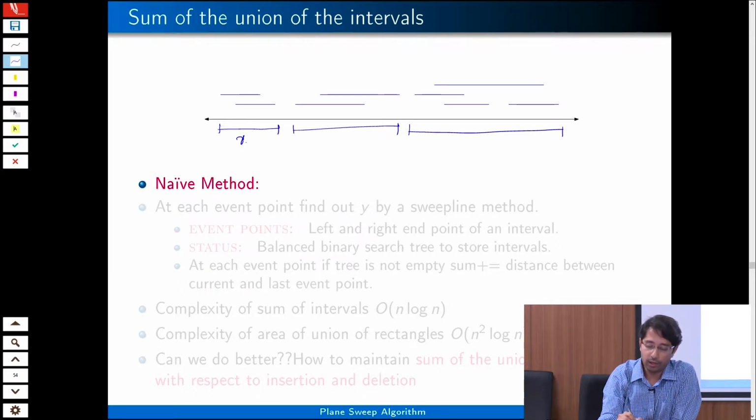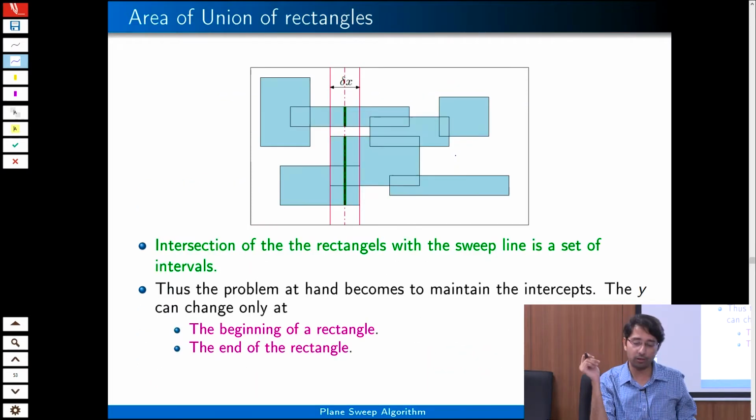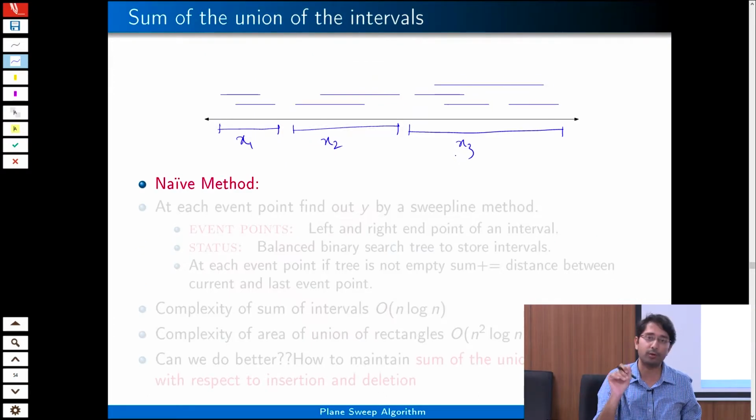So this is x1 plus x2 plus x3. This is what we are trying to find out. Given a set of intervals, it came from the intersection of the sweep line with the rectangles, which gives some intervals in the y-axis. Now if I rotate it to the x-axis, I get exactly this problem, where we have a set of intervals and our objective is to find the length of the union of these intervals.